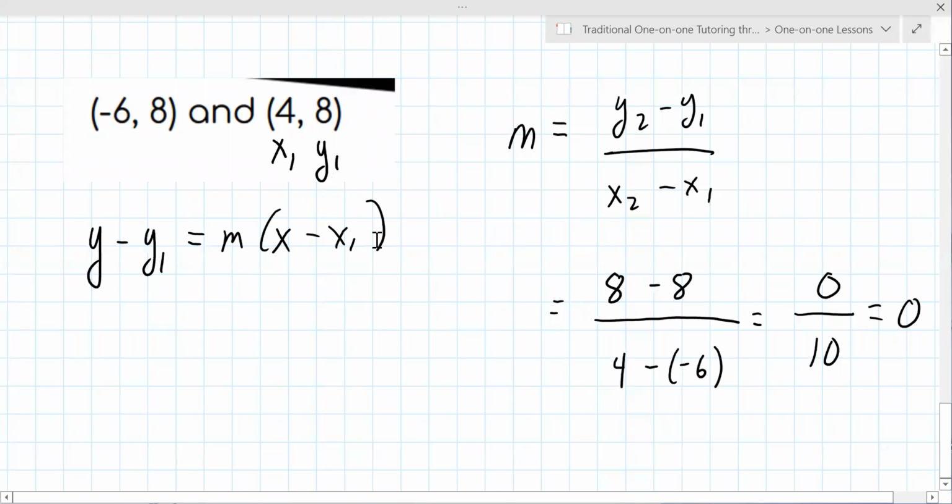So now when you write your equation of a line, you're substituting 8 in for y1 and 4 in for x1. Y minus 8 equals, what's the value of your slope? The value of my slope is 0. 0 times x minus 4.